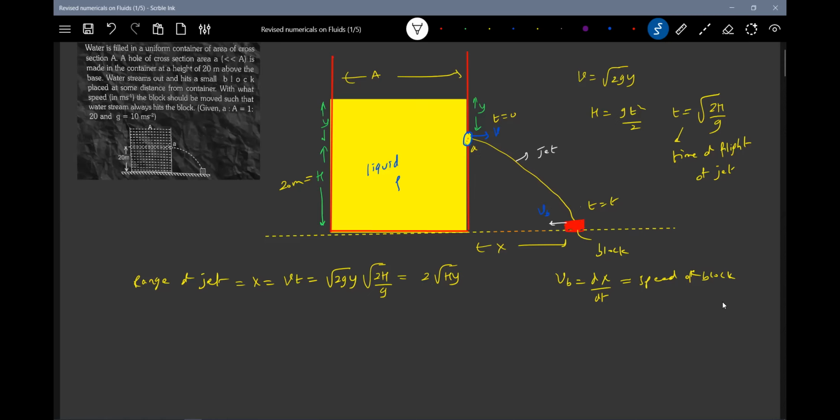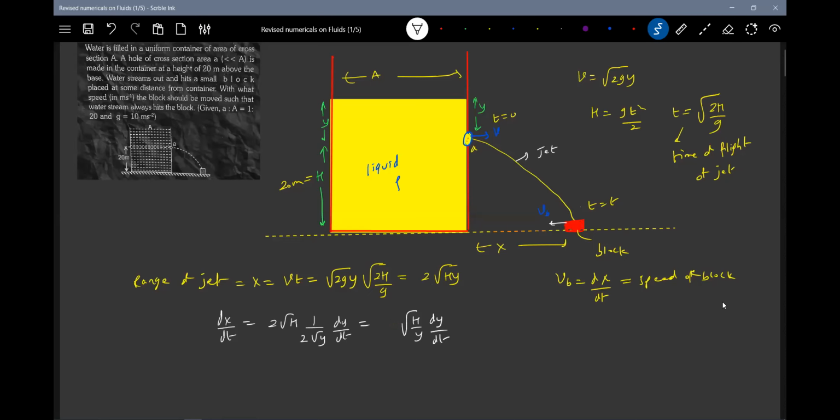What we do is differentiate this: dx by dt equal to 2 root h, into 1 by 2 root y, into dy by dt. The two gets eliminated.